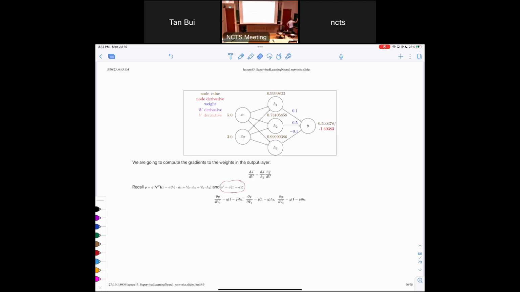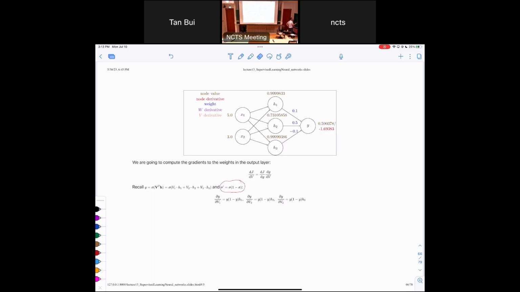Okay, so sigmoid is a function of V1. Let me do it this way. This is y, and dy with respect to V1, and now this is V1 H1 plus and so on. So this is actually the argument of the sigmoid.